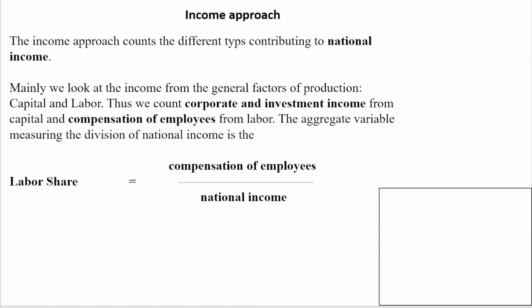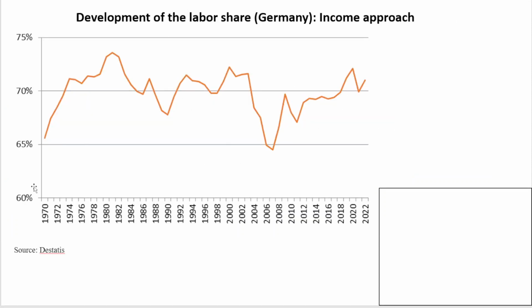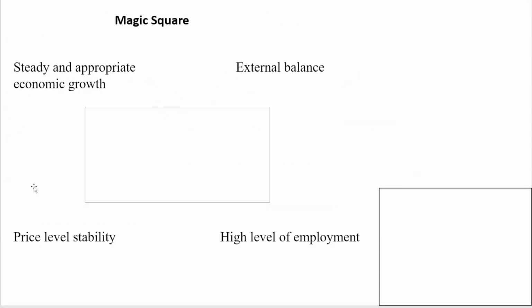Then we come to the magic square. Steady and appropriate economic growth: relative change of real GDP, roughly 1 to 3% in a quantitative way.